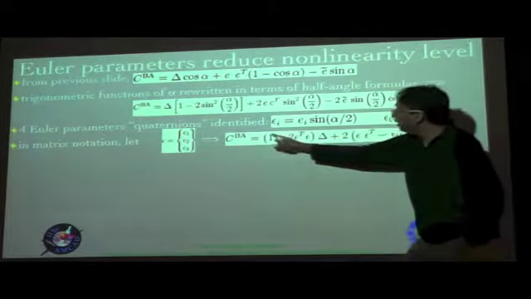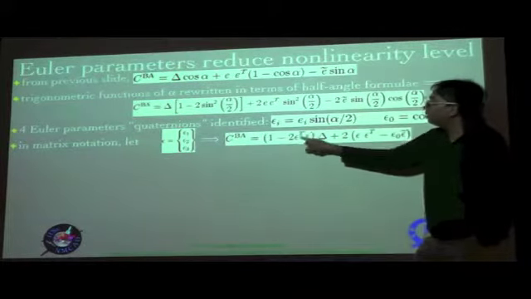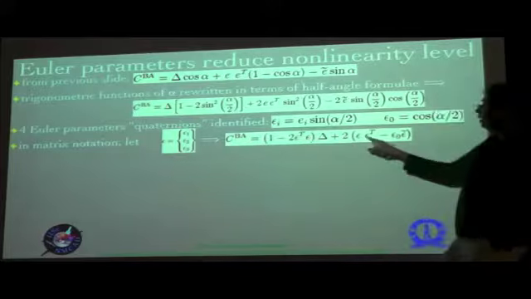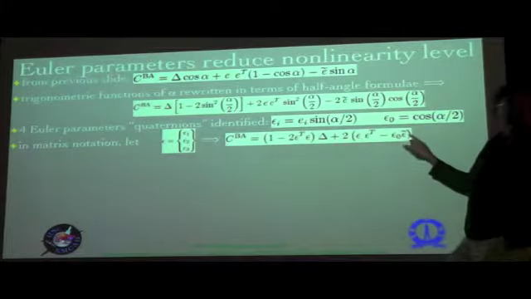So here it's of course a constant term, here it is coming as squares, and here also it is coming as squares.